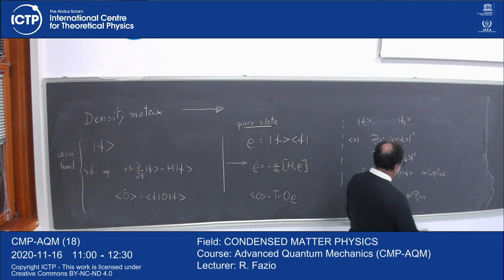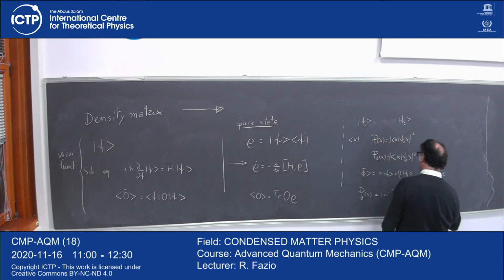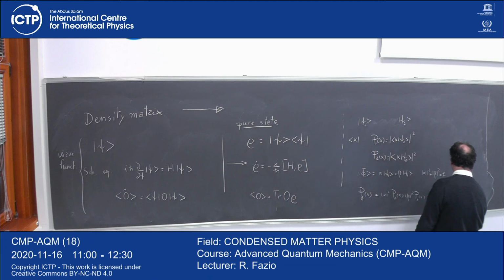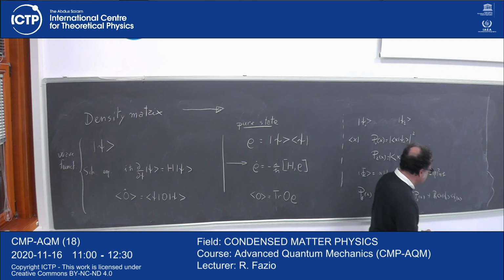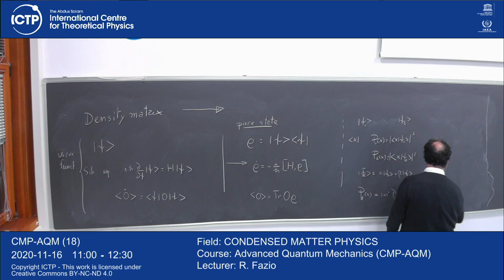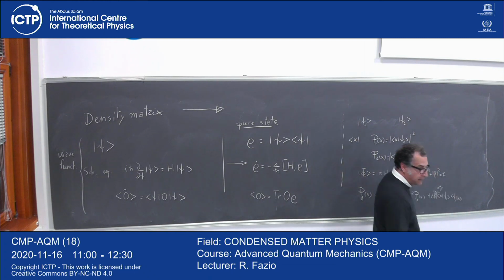Right. So we have something like x psi 0, psi 1 x, which is related to the real part. And then we have alpha star beta, and probably a factor 2.